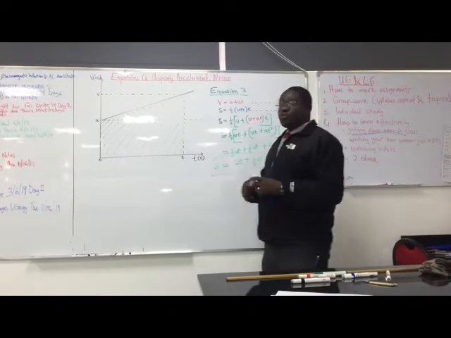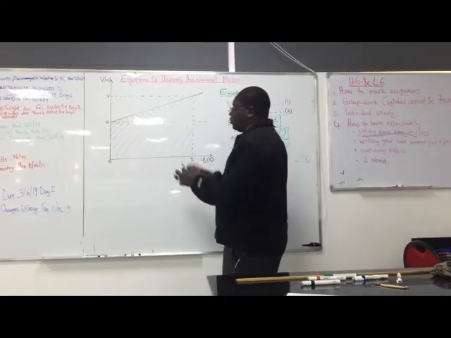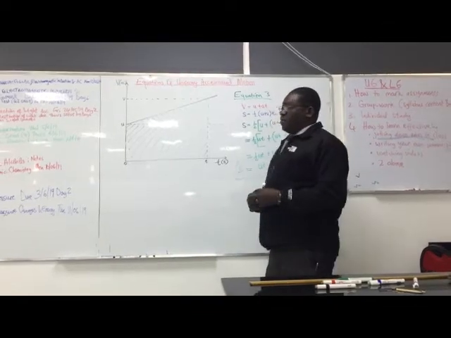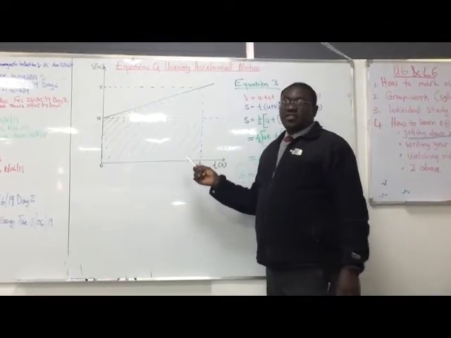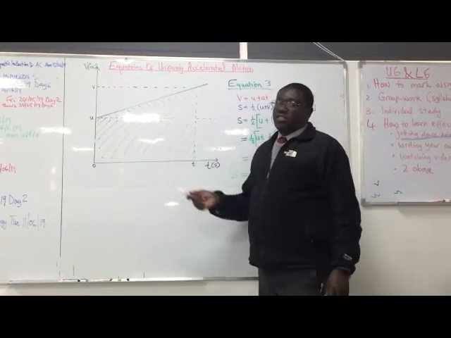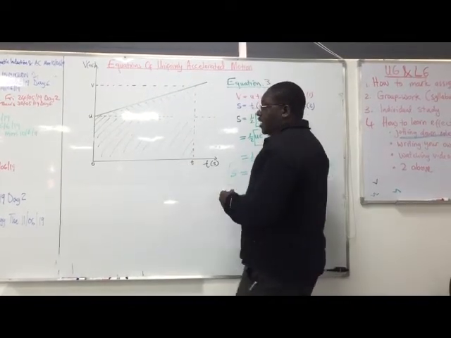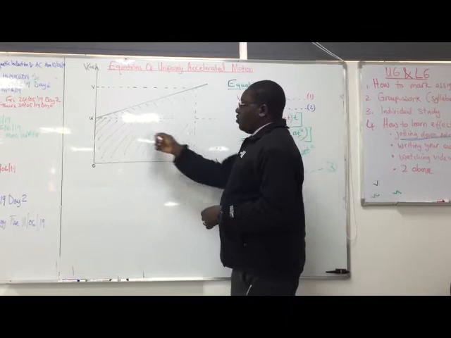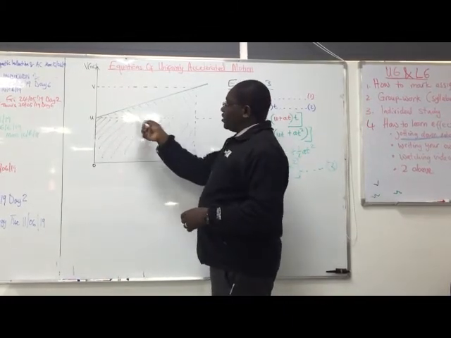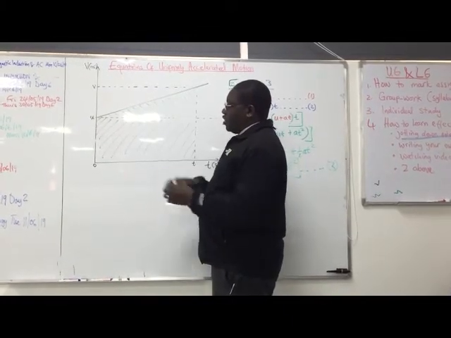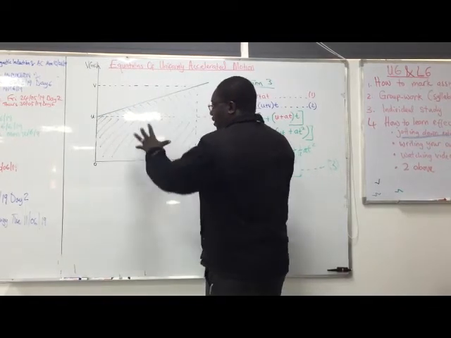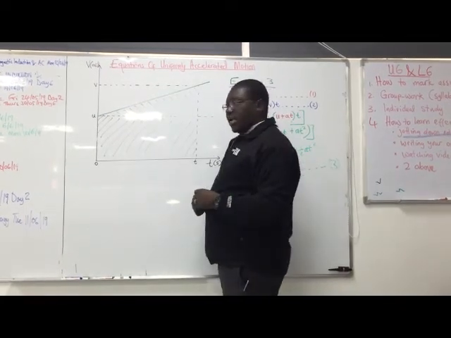Equation number 3 can also be derived by looking at the area under the graph. Remember I said the area under a velocity-time graph gives you the total distance traveled or the displacement. Now this area is divided into 2. We've got a rectangle and then we've got a triangle on top of it. So the total area is that of the rectangle and that of the triangle.